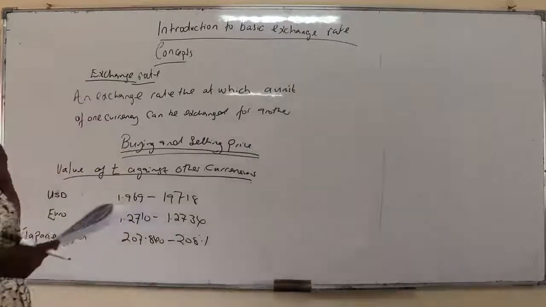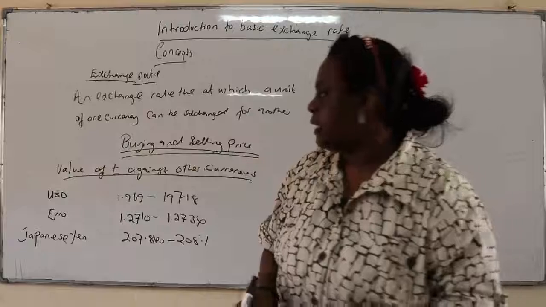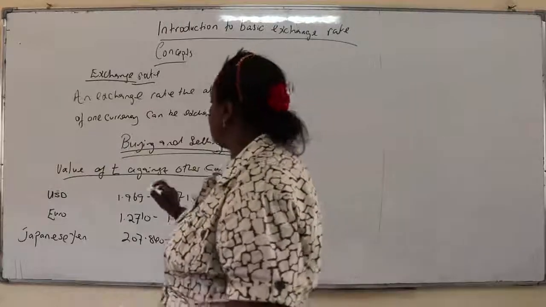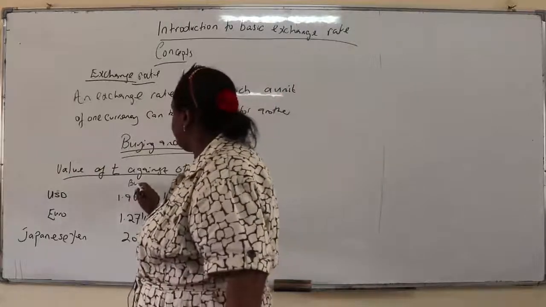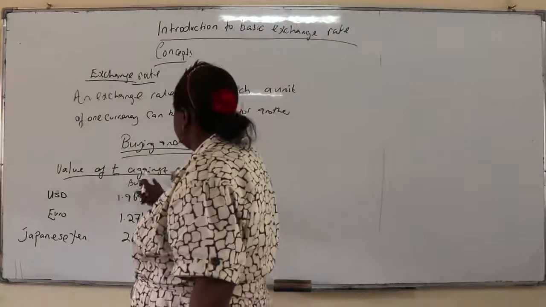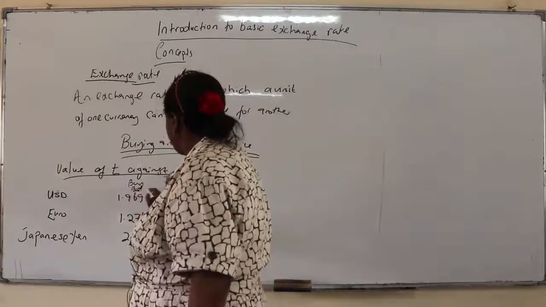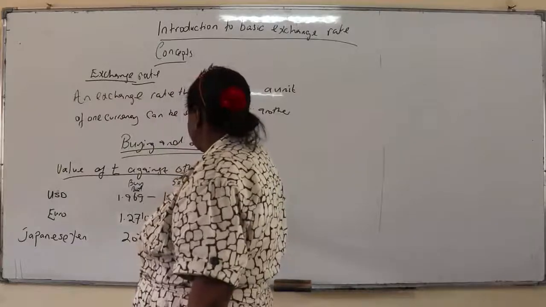So this is how the rates are actually expressed. When you go to the bank, you'll find that the rates are expressed like that. This is the buying rate, and this is the selling. This is what we call the bid, and this is what we call the ask.